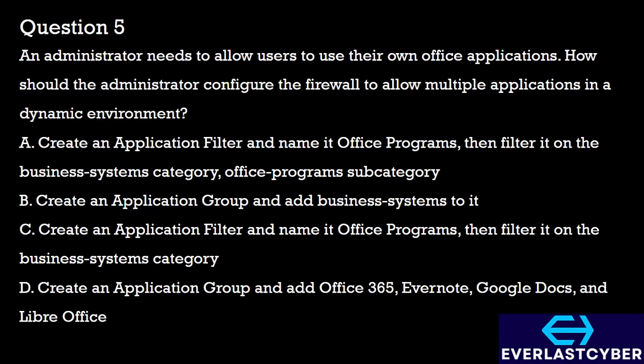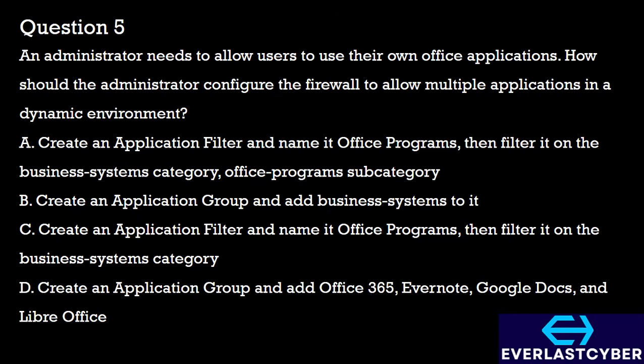Question 5. An administrator needs to allow users to use their own Office applications. How should the administrator configure the firewall to allow multiple applications in a dynamic environment? A. Create an application filter and name it Office Programs, then filter it on the Business Systems category, Office Programs subcategory.